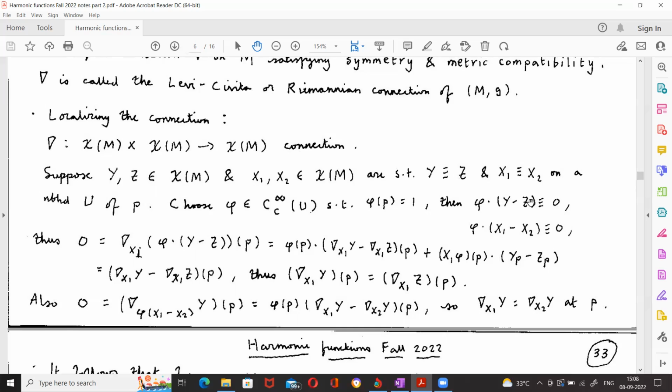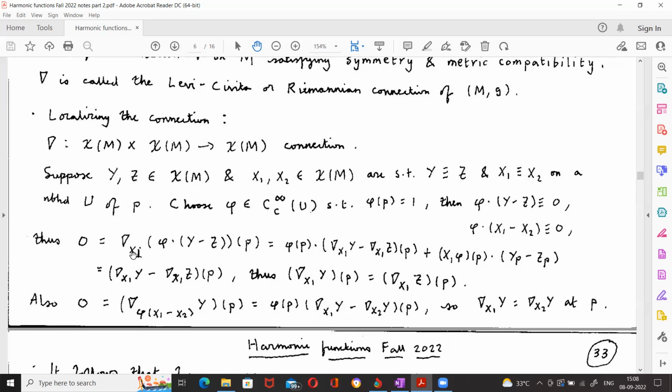Why? Because inside the neighborhood U, by hypothesis y is equal to z, so this is 0 inside U. And outside U, phi is 0, so this is also 0. Similarly, phi times (x1 minus x2) is also identically 0. Is this clear?